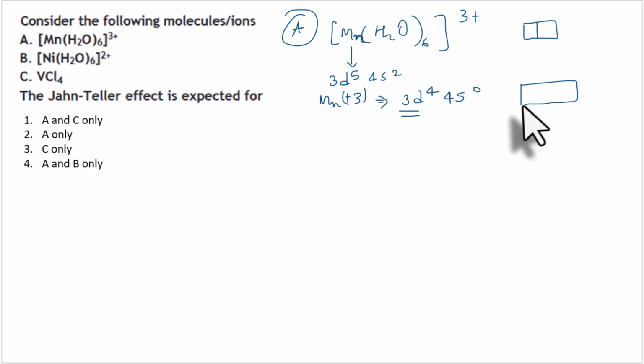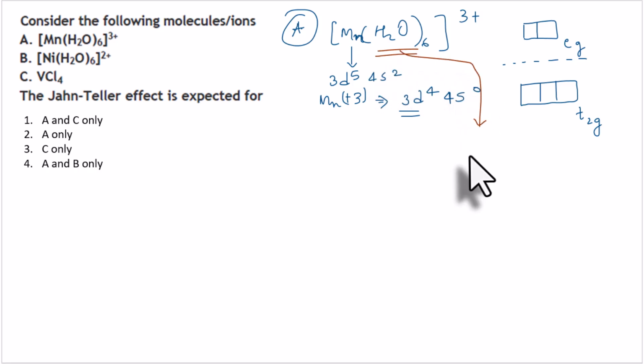[Mn(H2O)6]3+ means it's an octahedral complex, so in the crystal field it will be split into two sets of orbitals, t2g and eg, and the electrons should be accommodated. How? What kind of ligand do we have?